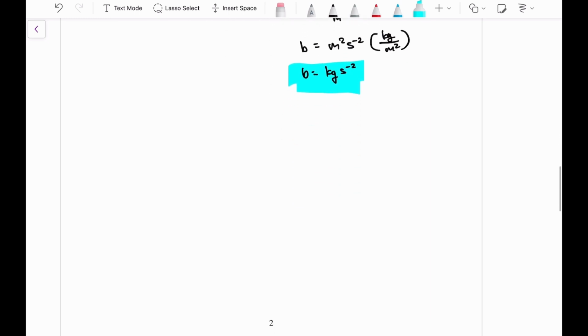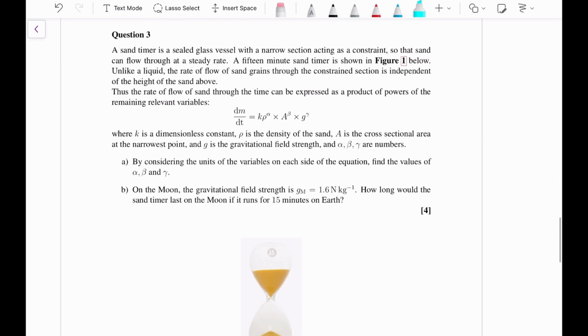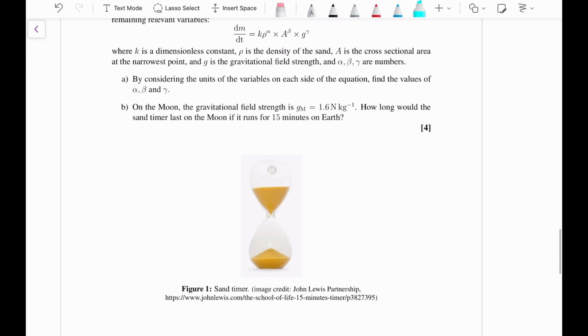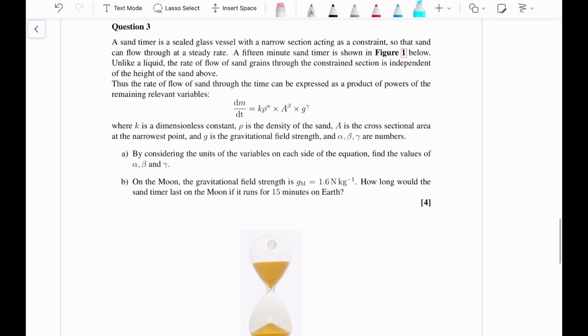Now let's see the third question. The third question is a bit longer. It says, a sand timer is a sealed glass vessel with a narrow section acting as a constraint, so that sand can flow through at a steady rate. A 15-minute sand timer is shown over here, and it says, unlike a liquid, the rate of flow of sand grains through the constraint section is independent of the height of the sand above.